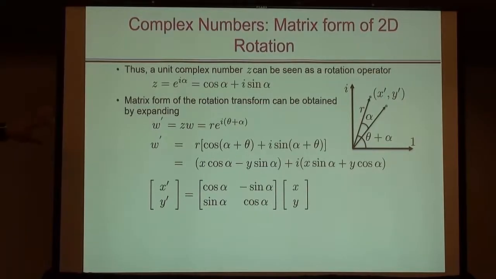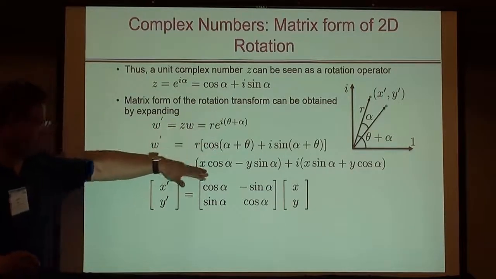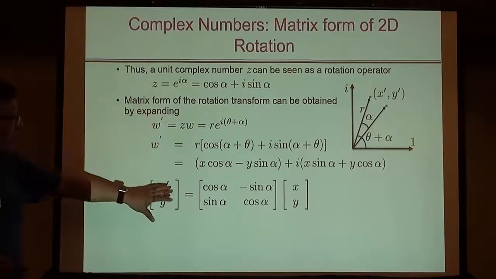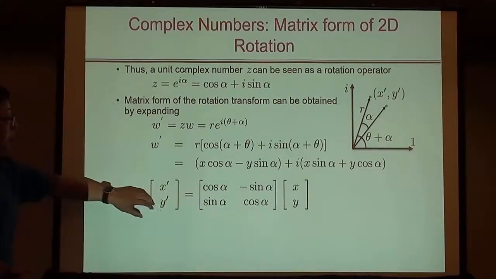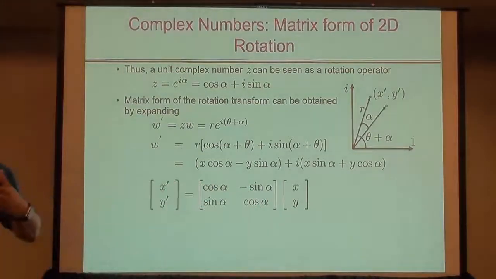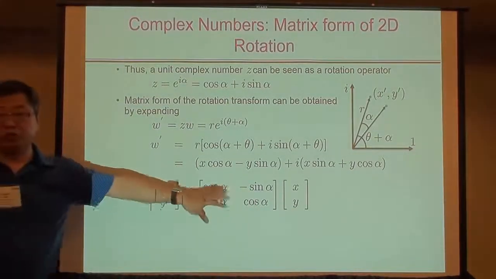Now, there is another representation of rotation. This is the algebra, so I'm not going to go through it. In the end, you can represent the rotation in terms of a matrix as well if you use Cartesian coordinates.